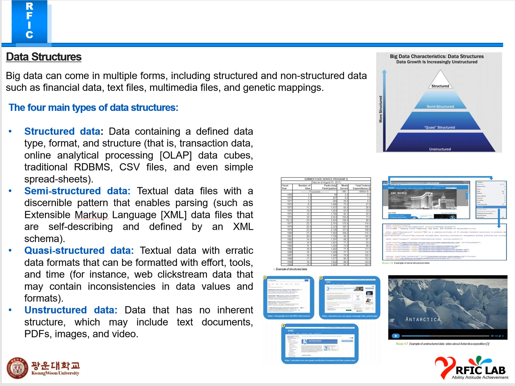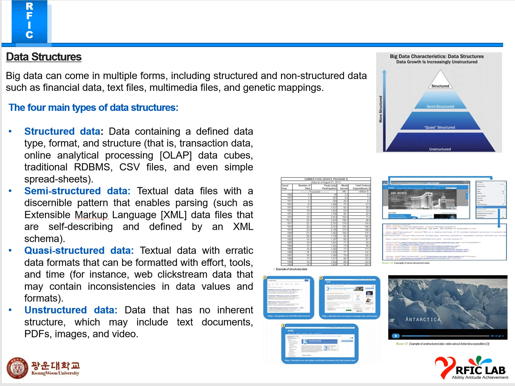In semi-structured data, an XML file, extensible markup language, is the best example. This type of file is self-describing and defined by an XML schema, and it has a pattern that enables parsing.